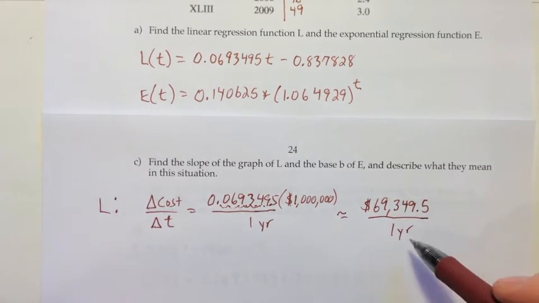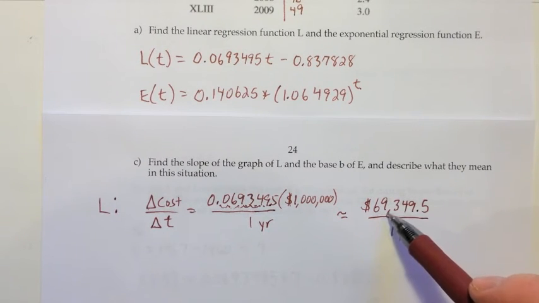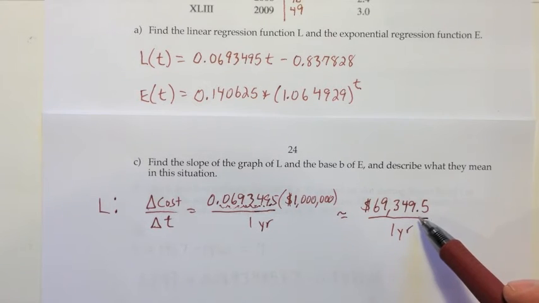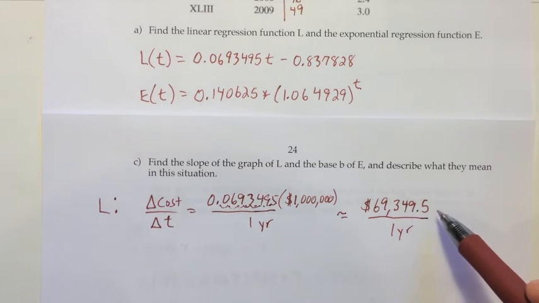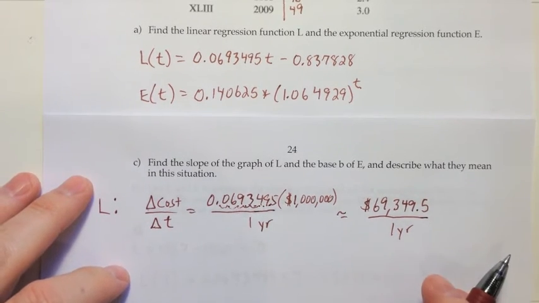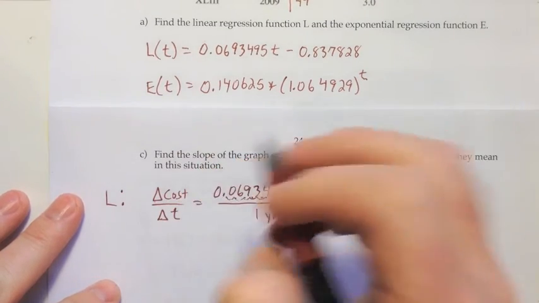So what is that telling us? For each additional year that goes by, the cost of a Super Bowl commercial is increasing by about $69,349.50. So let's go ahead and squeeze that in here.